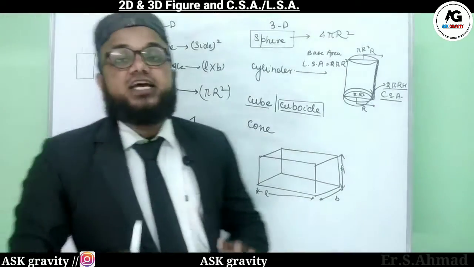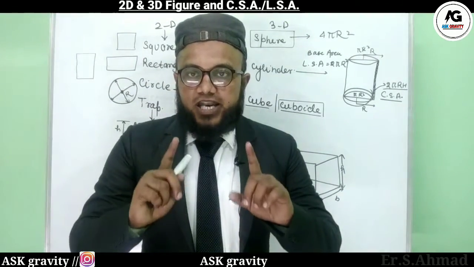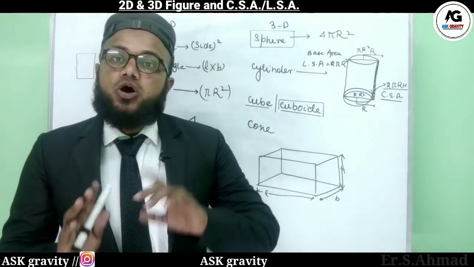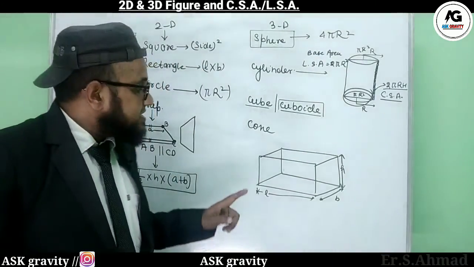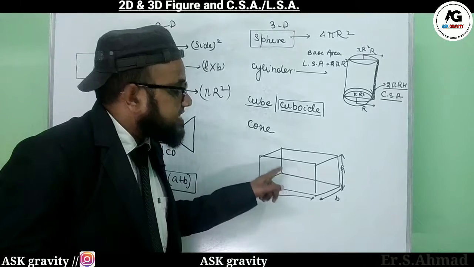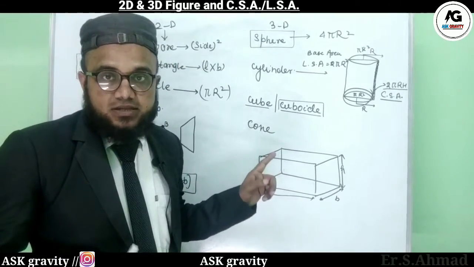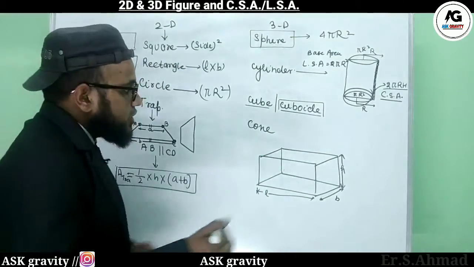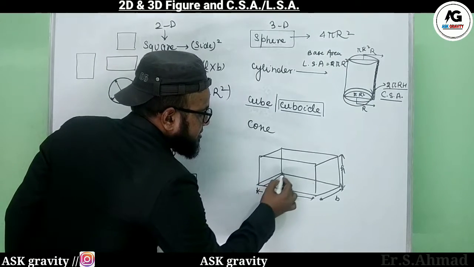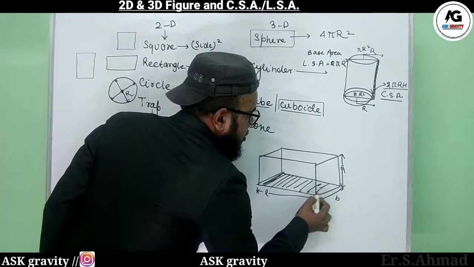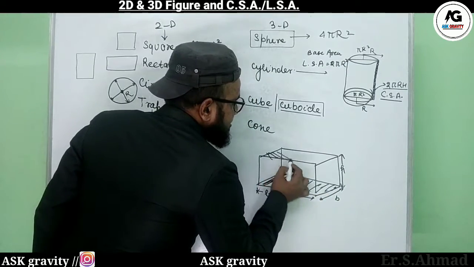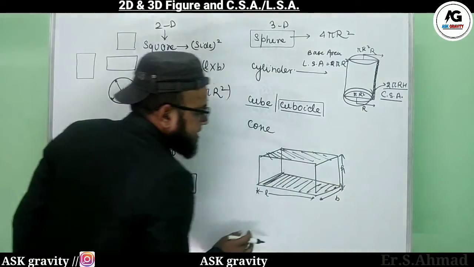So before finding the area of any cuboid, check whether it is based on curved surface area or the base area. What is the base area in the case of a cuboid? Base area means the flat part, the part in the horizontal plane, that is this.